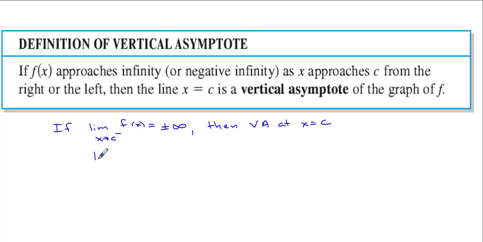I'll just write it again. Now this is a big OR statement, guys. They don't both have to be true. As long as we approach infinity as x approaches a number from the left or from the right, doesn't matter, we have a vertical asymptote.